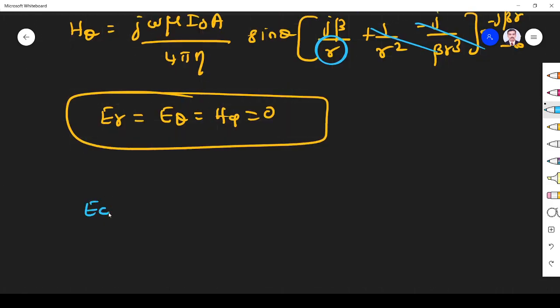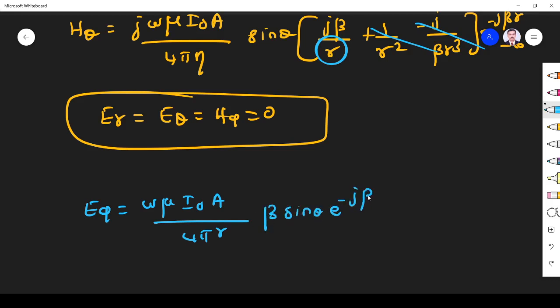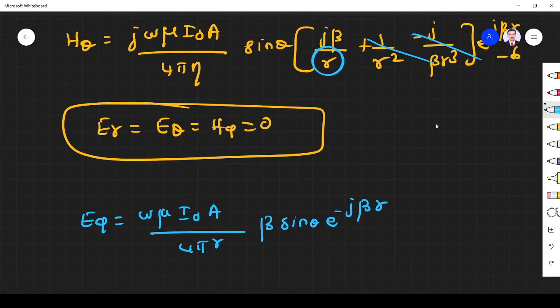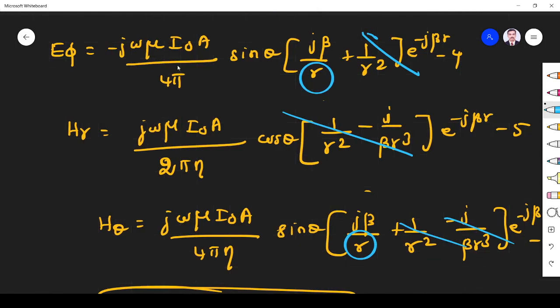E phi will be omega mu naught I naught A divided by 4 pi r beta sin theta e power minus j beta r. Yes or no? You see here, omega mu I naught A divided by 4 pi r beta e power minus j beta r sin theta, j into j square minus 1, minus 1 plus 1. So that is what E phi.